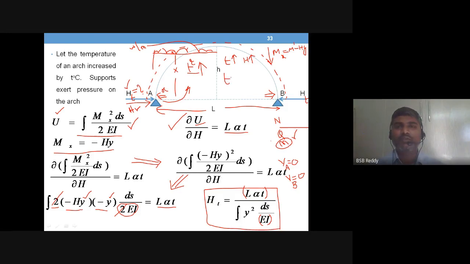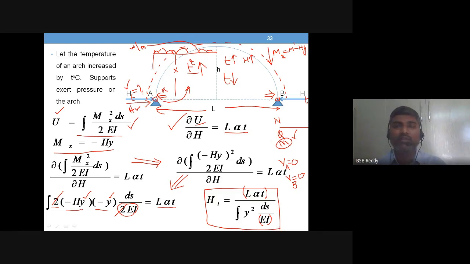Similarly, what happens when temperature is reduced? So the horizontal thrust will have opposite sign here. Okay, the horizontal thrust at A and B will change its direction, because the arch is going to shrink. Okay, will try to shrink.